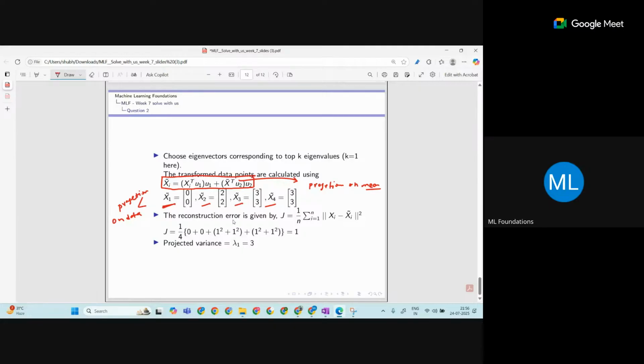So many words are usually used. So we got the reconstructed vectors. Now the reconstruction error is computed from the original one and the reconstructed one: subtract them, find the norm, square them, and sum them to give the reconstruction error. The maximum variance is going to be the highest eigenvalue.